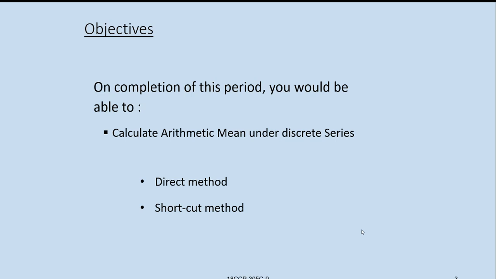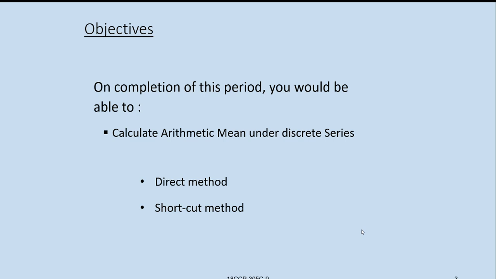And we have also seen the arithmetic mean calculation under the discrete series, sorry, under the individual observation. So, in individual observations, we have seen direct method and also indirect method.